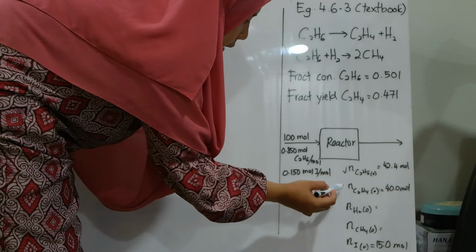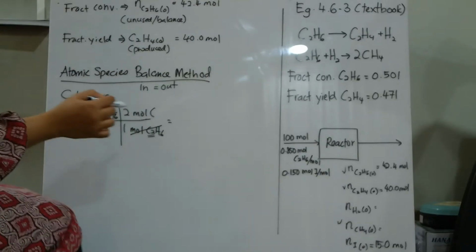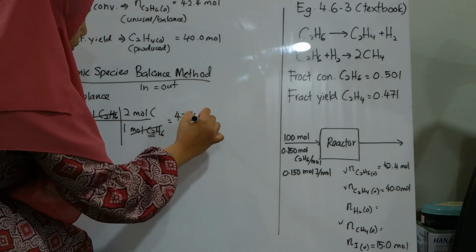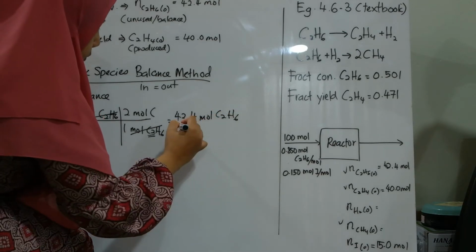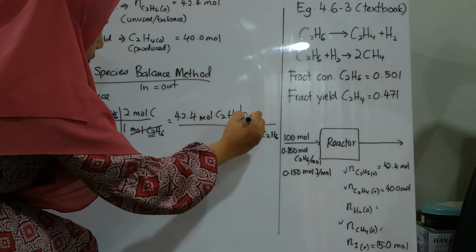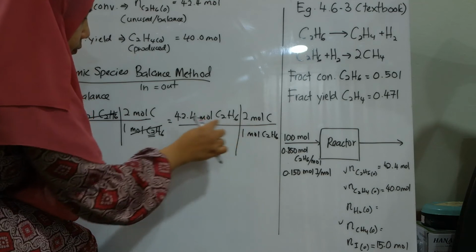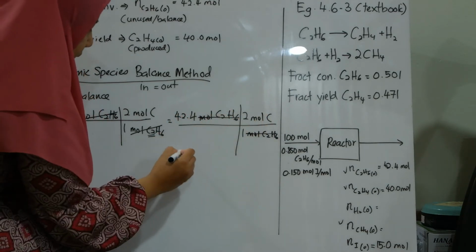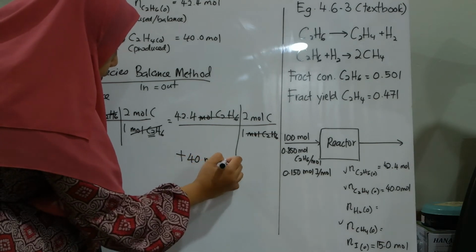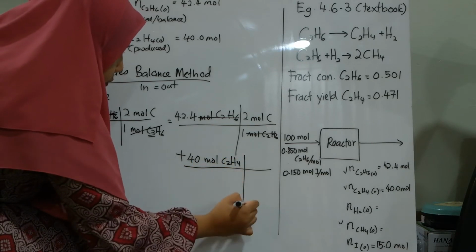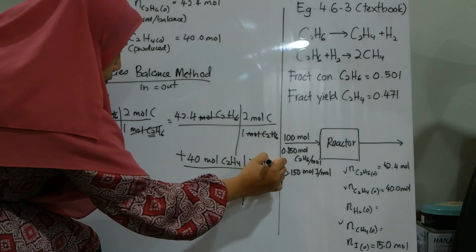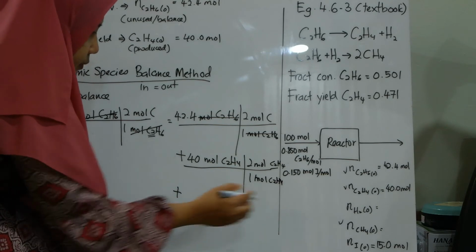We do in equals out, this compound plus the next compound plus one unknown.